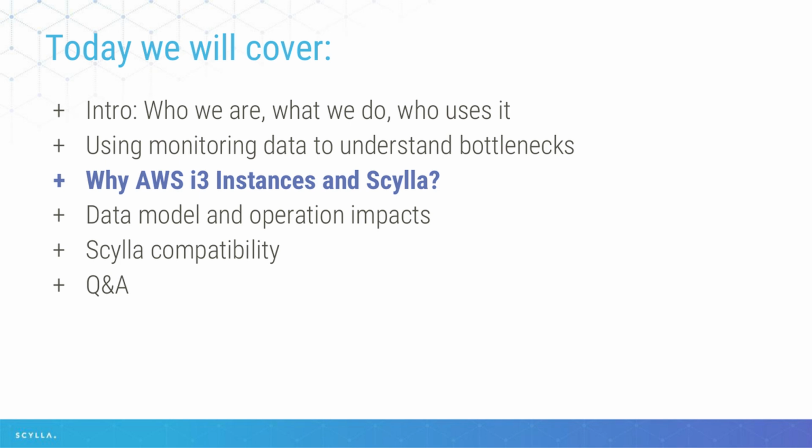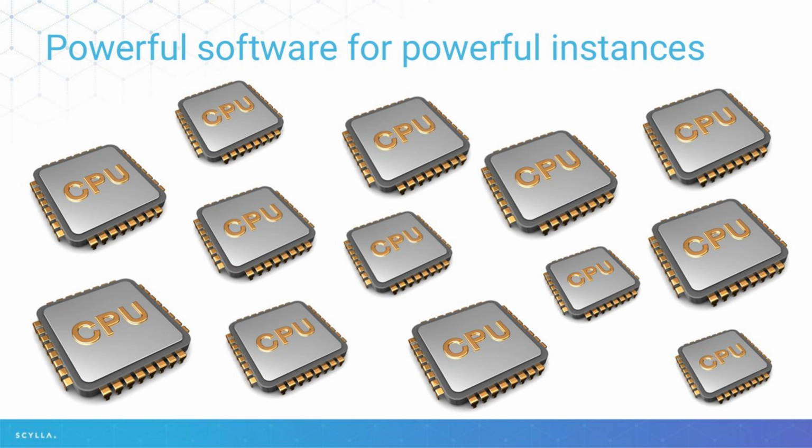So on our next slide, we will cover why we want to use the AWS i3 instances and Scylla, and what's the mess that we see here. If you think about the i3 instances, those are very, very powerful machines you can get. They go up to 64 vCPUs, 488 gigabytes of RAM, and 15.2 terabytes of NVMe SSDs.